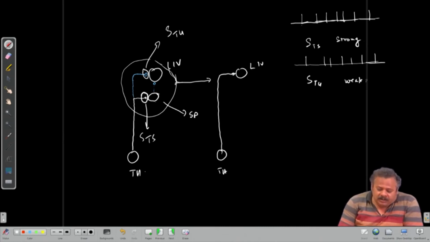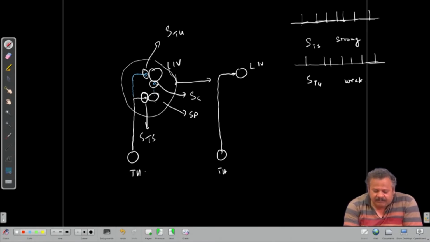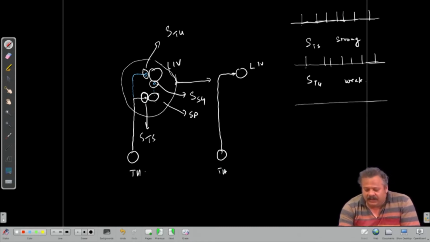Because the thalamus to subplate synapse is strong, the subplate neuron is firing action potentials, and if the subplate to layer 4 synapse, let us call it S4, is strong, it will make the layer 4 neuron fire action potentials. So, with a synaptic delay, the layer 4 neuron is producing action potentials.